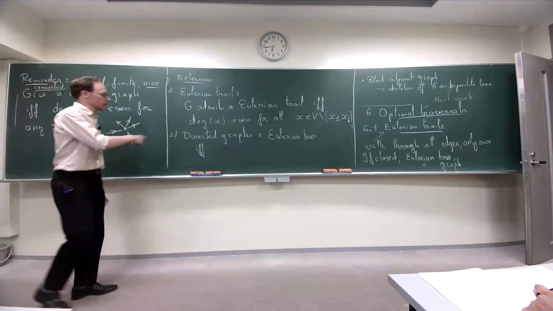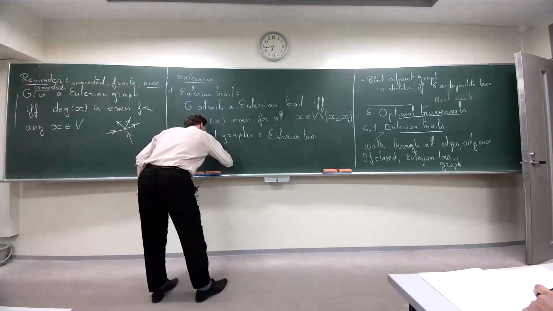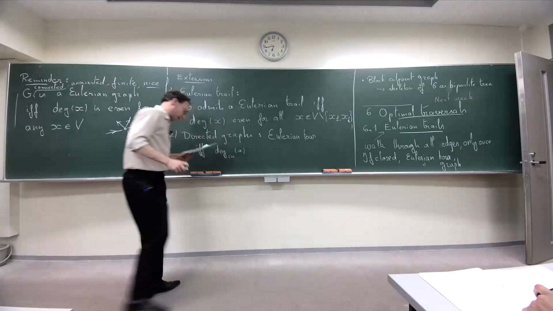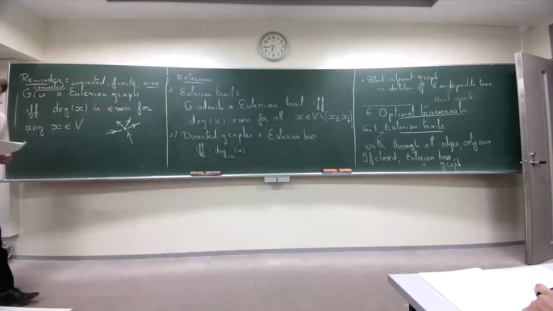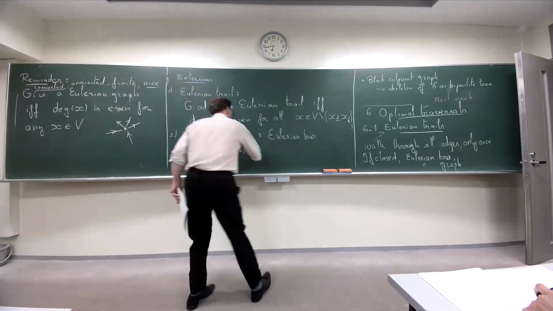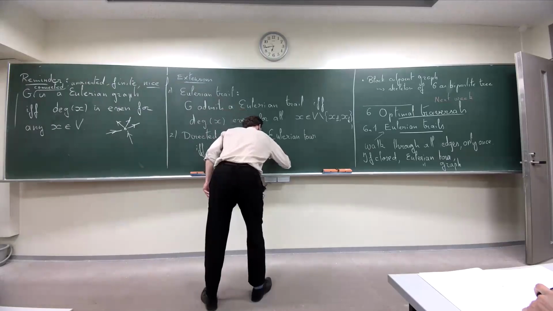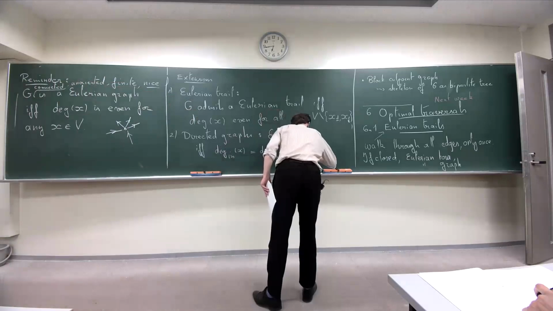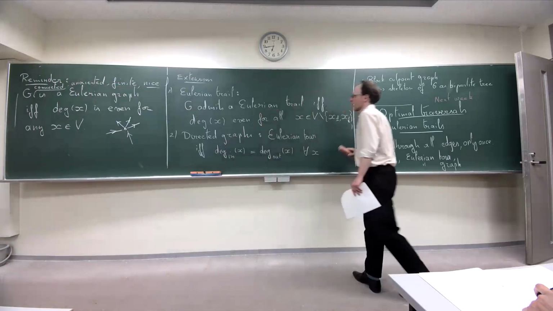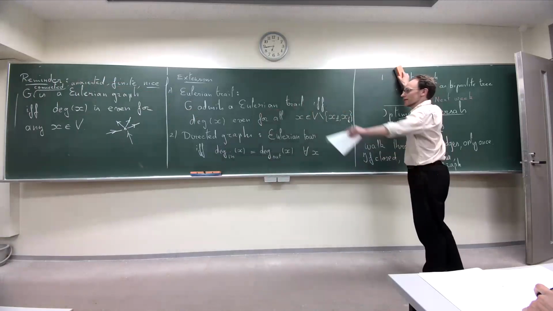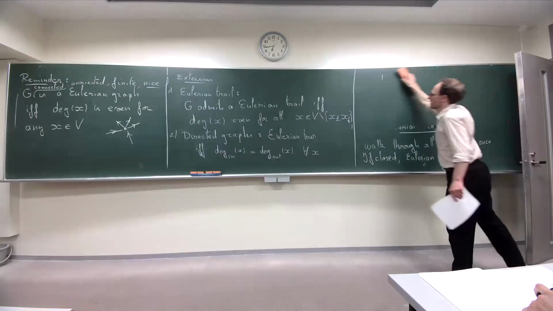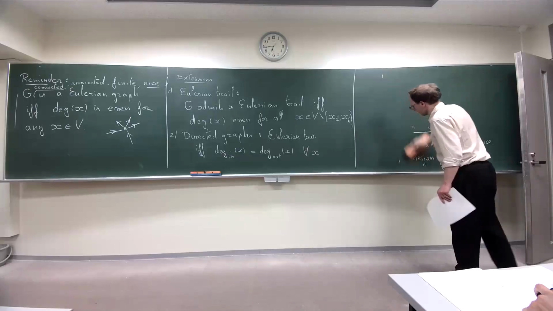The necessary and sufficient condition is that deg in of x has to be equal to deg out of x for all x. It means you have the same number of edges going to a vertex as going away from this vertex.